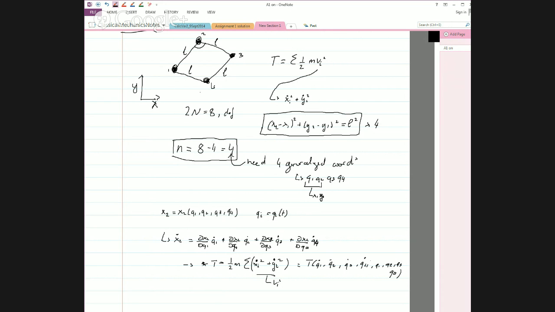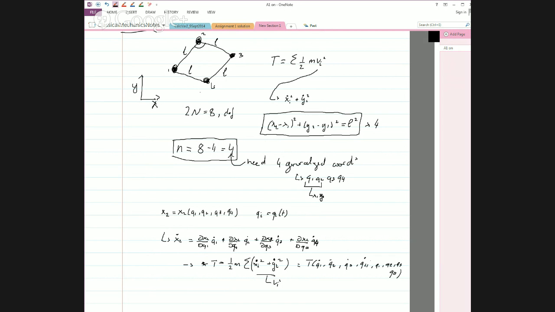Yeah, so you don't need the moment of inertia, right? Because you can't model the system as a whole.